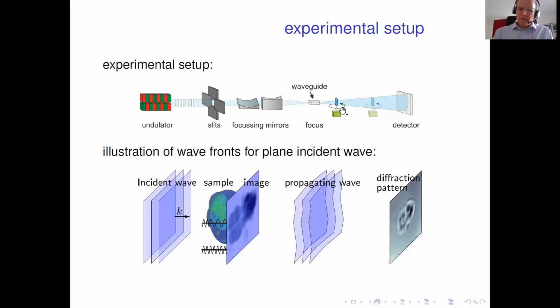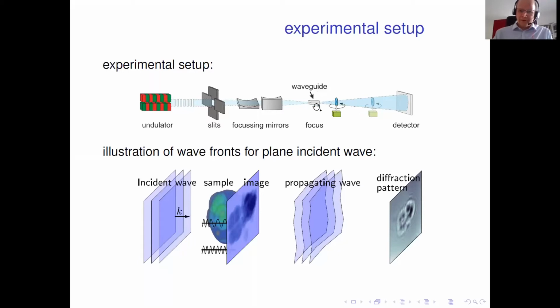Then the imaging setup is very simple. You just put the sample into the beam and you propagate it. If you want, you can also change the position here. And then you record the diffraction pattern, and the diffraction pattern is, sorry, the absolute value of the electric field.